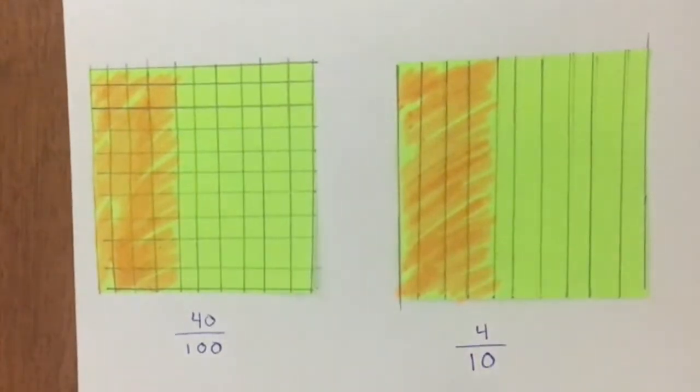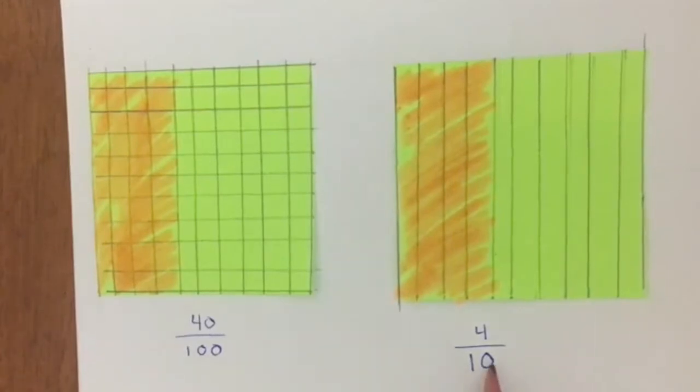Now I have two different fractions, but they name the same amount, so they are equivalent. Can I write this one like this one? Yes, I can divide by 10 and 10. 40 divided by 10 is 4, 100 divided by 10 is 10. Or you can multiply by 10 to get 40 out of 100.